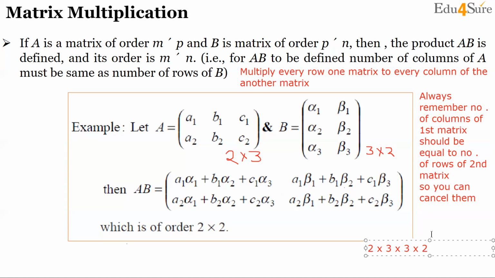So you can cancel them. Now I'm cancelling this 3 and 3. So at the end, what will I get? I will get 2 cross 2, which will be the order of the resultant matrix. So this is about the matrix. Now let me take one example and show you how we can do that.